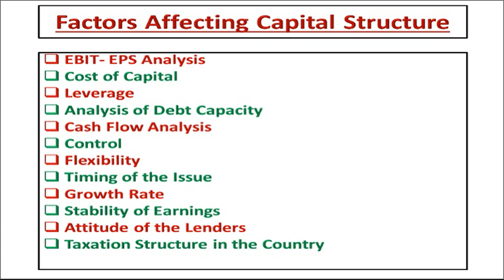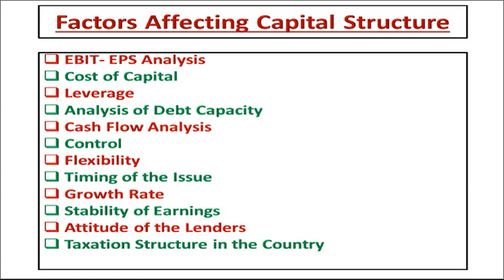Number seven is flexibility. Number eight is timings of the issue. Number nine is growth rate. Number ten is stability of earnings. Next is attitude of the lenders, and the last one is the taxation structure in the country. So these are the factors that do affect capital structure. Let us see them one by one.